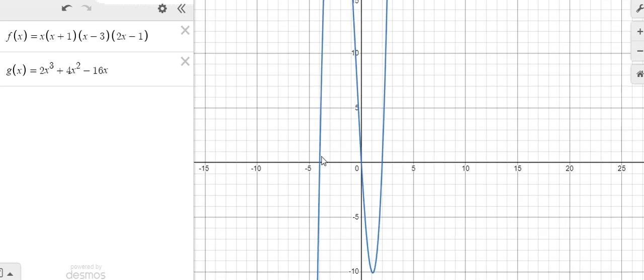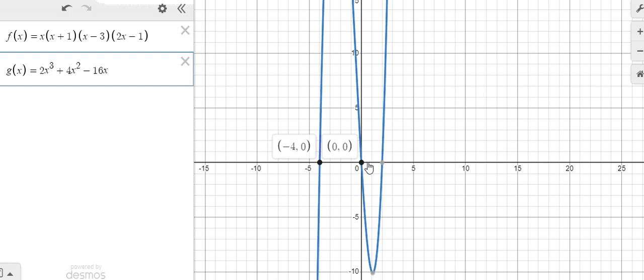And so remember, when we solved this, we wound up with 2x times x plus 4 times x minus 2. And we determined that our solutions were 0, -4, and +2. And here we go. We've got -4 right here. So that's one solution.